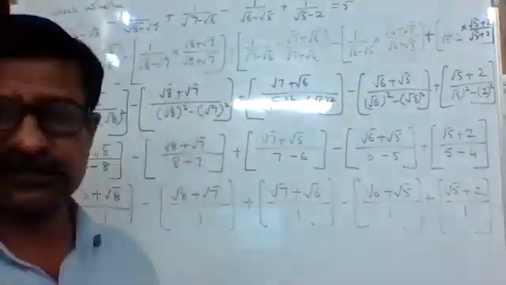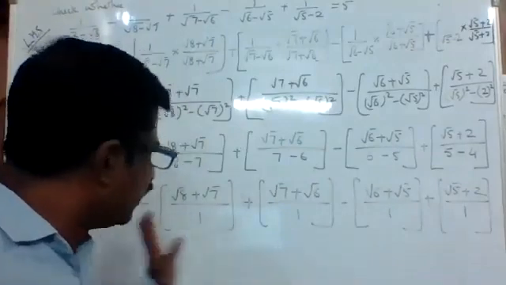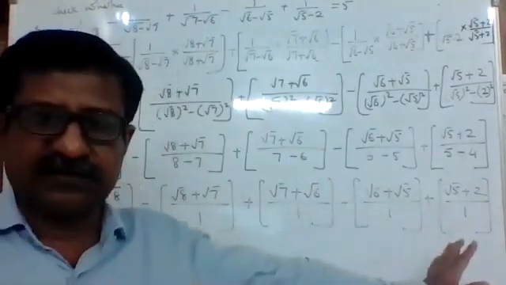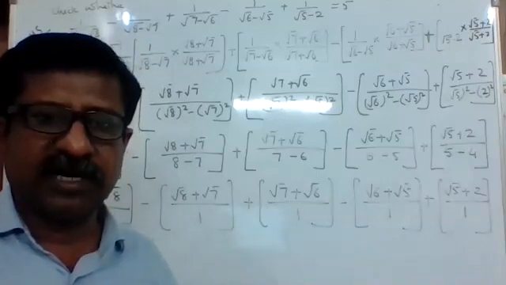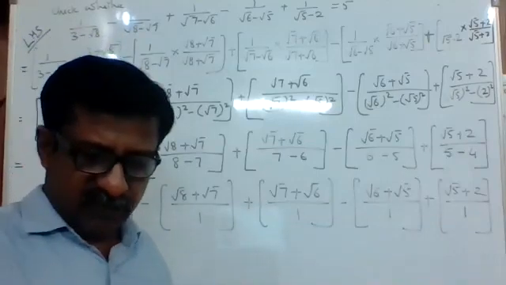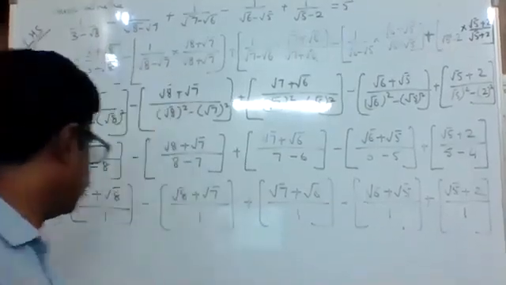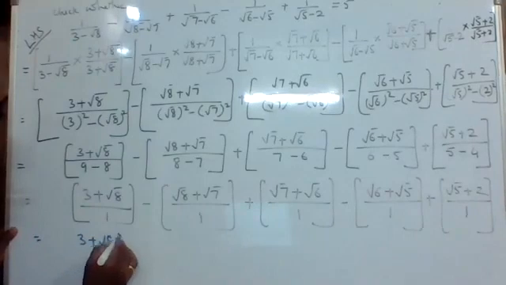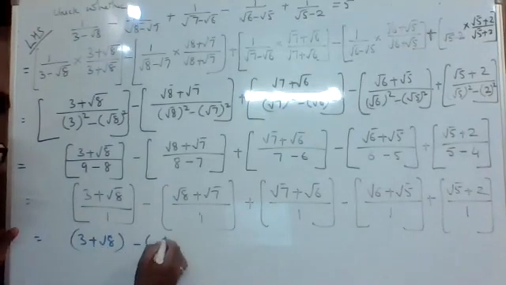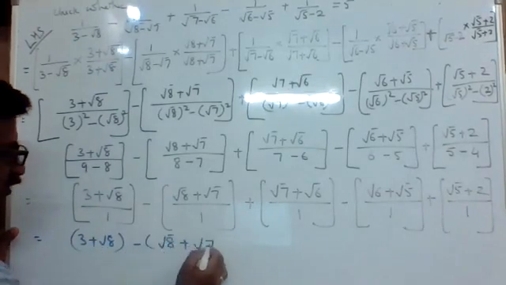Clear? Everywhere we got the denominator as 1. Therefore, we can avoid this denominator 1 and we can write it as 3 plus root 8, minus root 8 plus root 7.